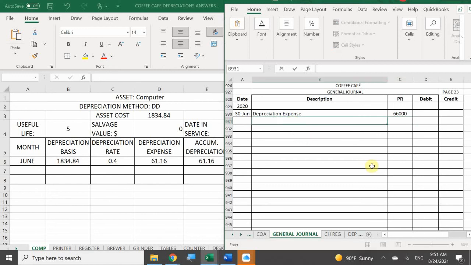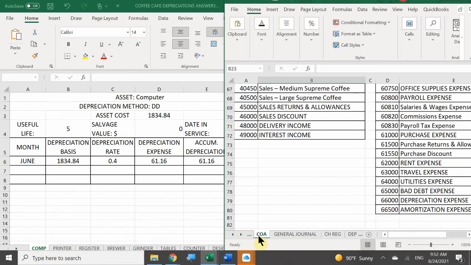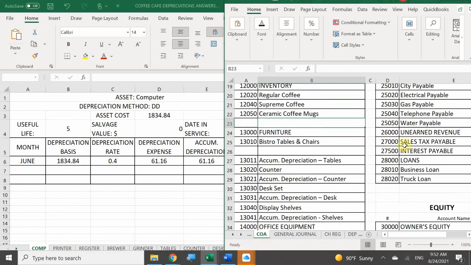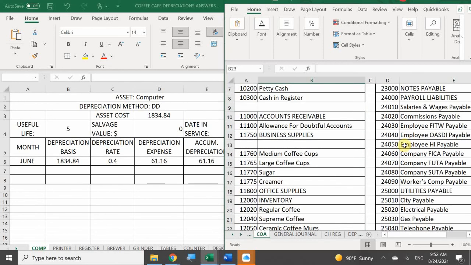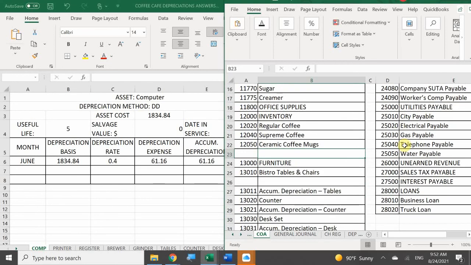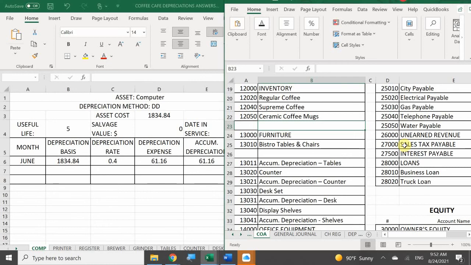The first account we have is accumulated depreciation for the computer. Make sure you're looking at your chart of accounts.